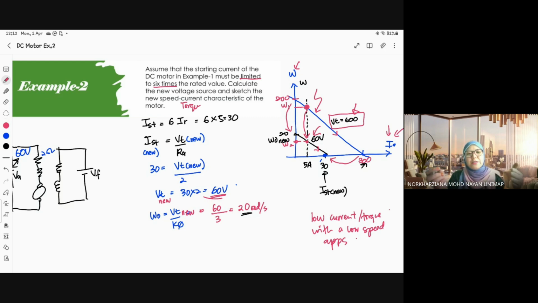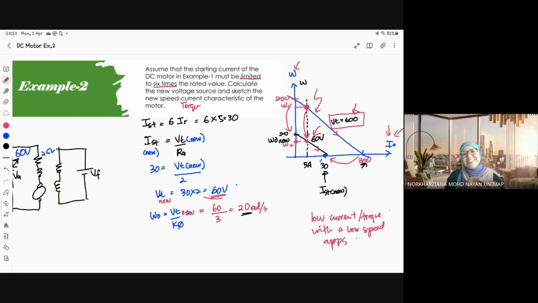Then you can look at the automatic gate. The torque depends on how big your gate is, but compared with a crane, the gate is not as big and does not need high torque like a crane that lifts containers. When you have a very big gate, you would not open it manually, so you use an automatic gate.